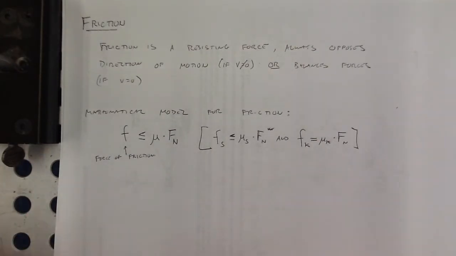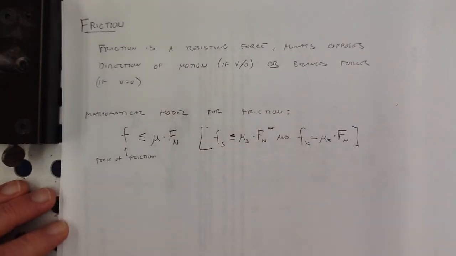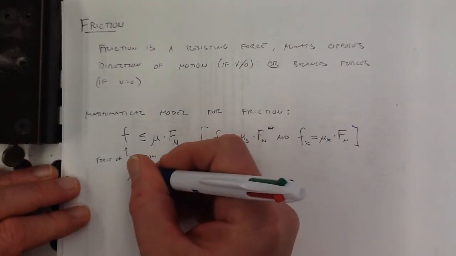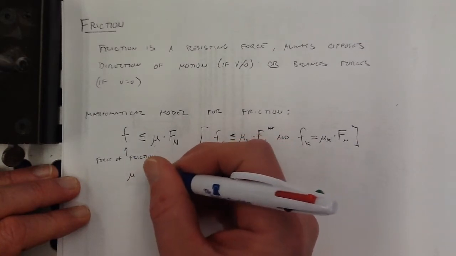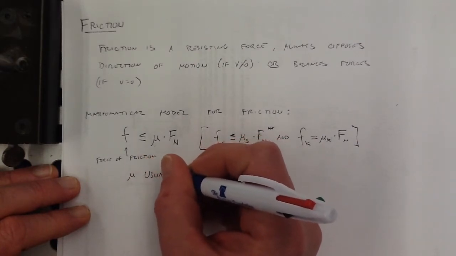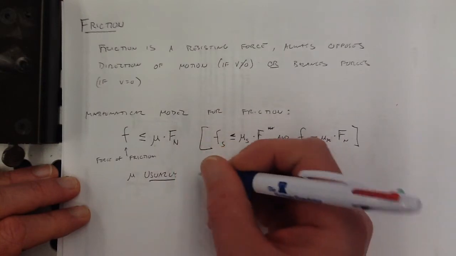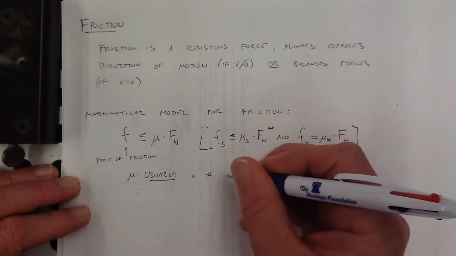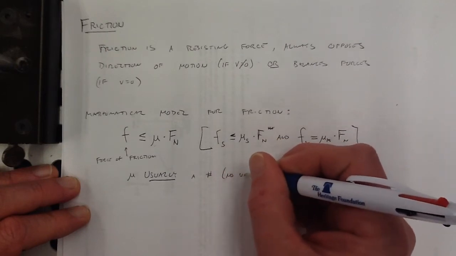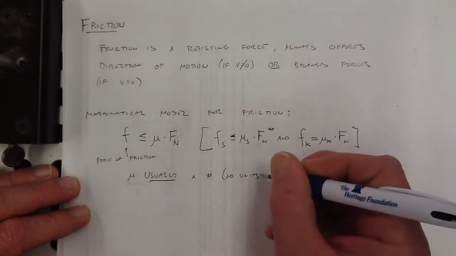What about these coefficients? What do coefficients of friction tend to look like? So these are almost always a number, and it has no units. Why would it have no units?